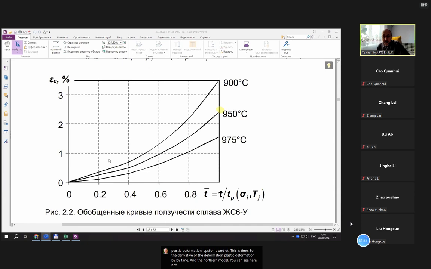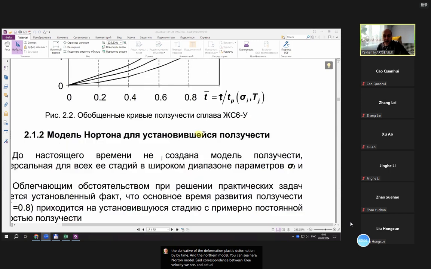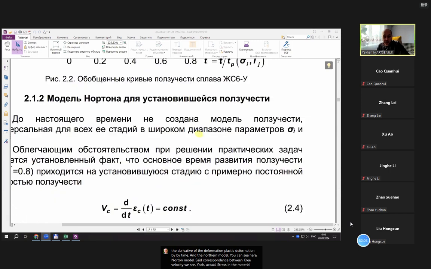The Norton model sets the correspondence between creep velocity and actual stress in the material under constant temperature.